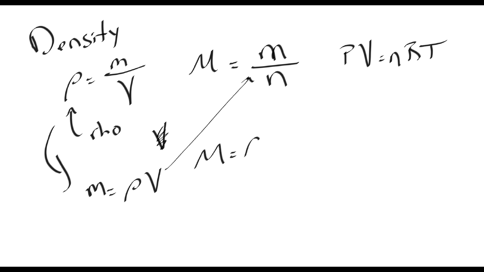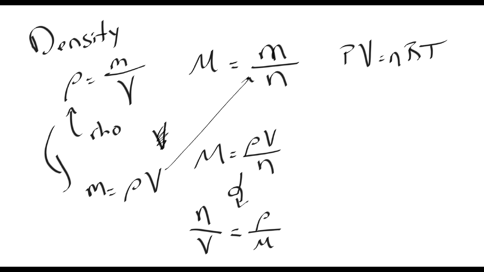Capital M equals rho V over n. But now, for various reasons, let's rearrange this to get n over V. It's going to be rho over M, where remember capital M down here is the molar mass of our gas. Don't worry, this is going somewhere.